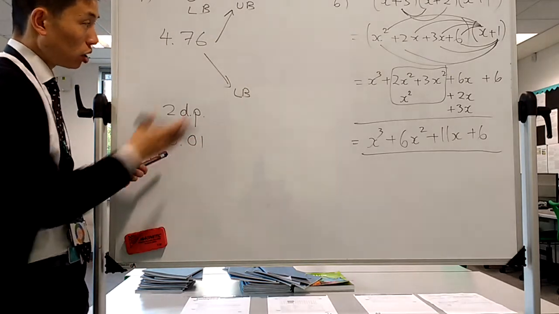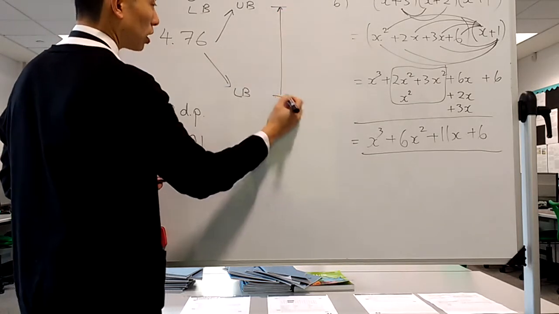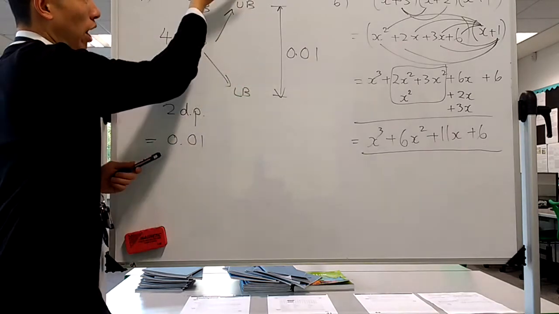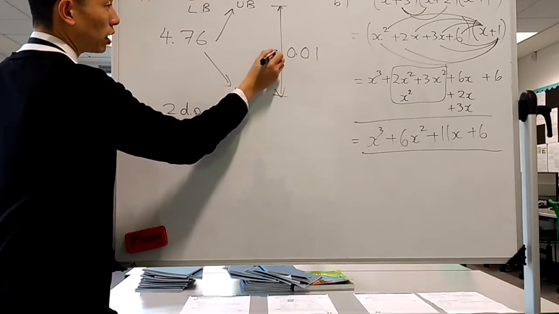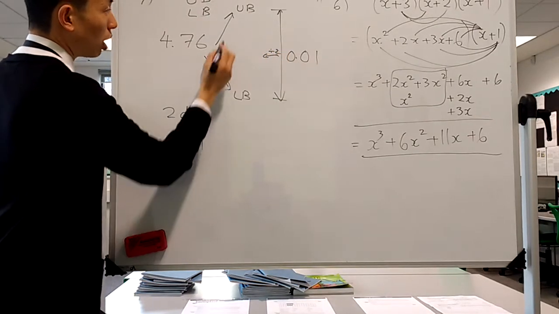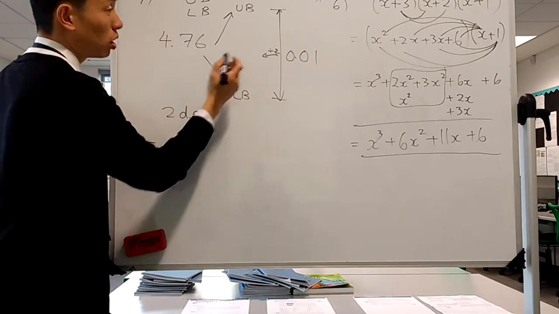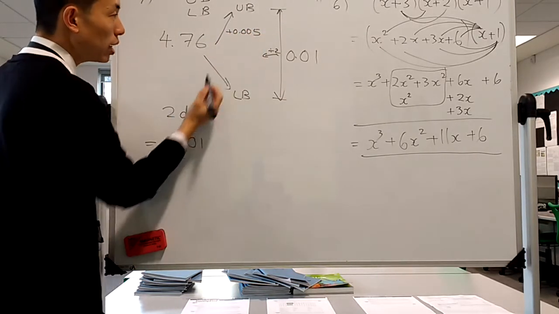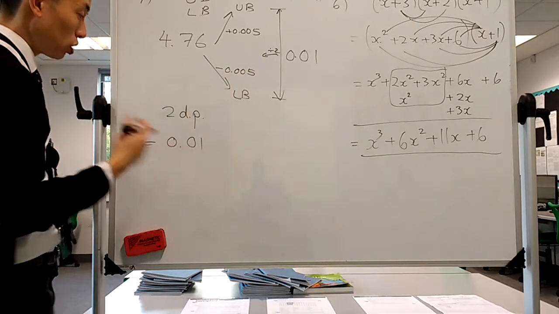To find the range, you go up and down. This is how much is going between highest and lowest. So if I halve this, I would share equally up and down. Half of that is plus 0.05 and down 0.05.